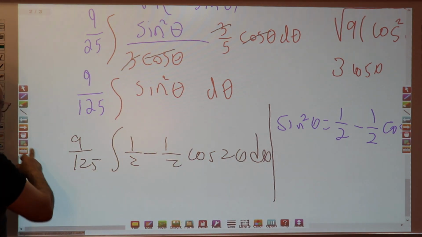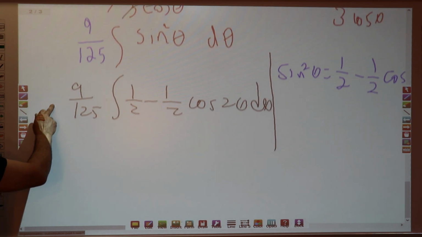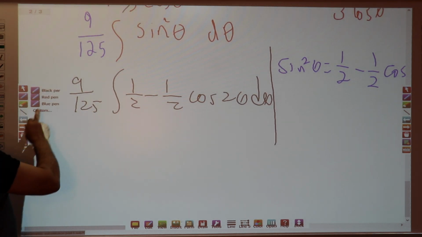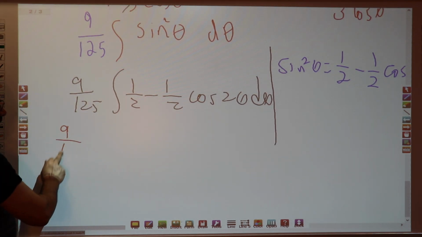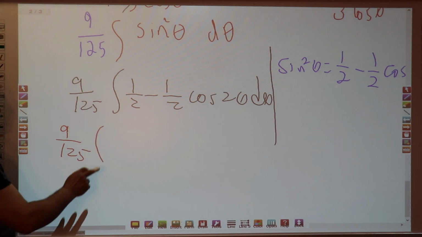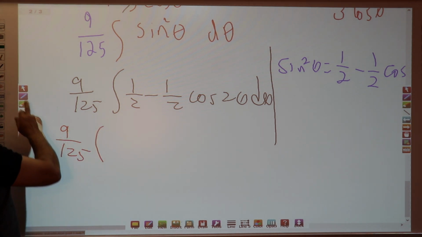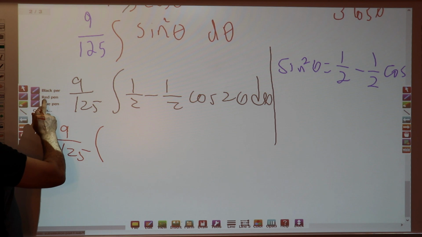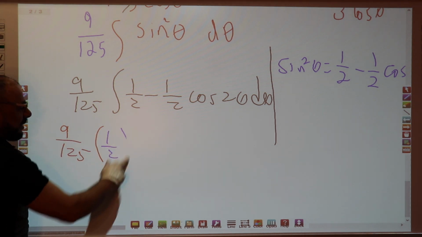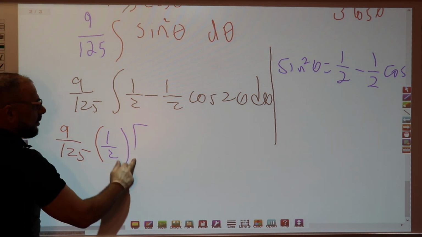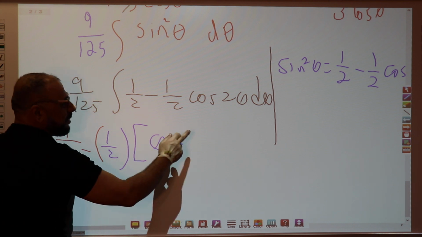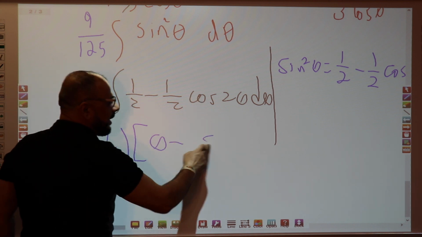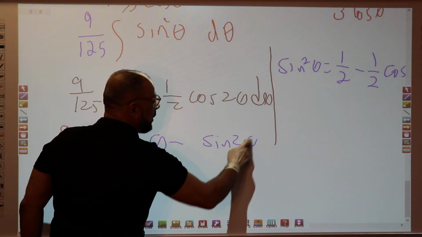We can take the half out also, right? I want to do it. 9 over 125 times half. It's going to be half of theta. I'm going to take the half out to make it easy for myself. Theta minus integration of cosine is sine 2 theta over 2.